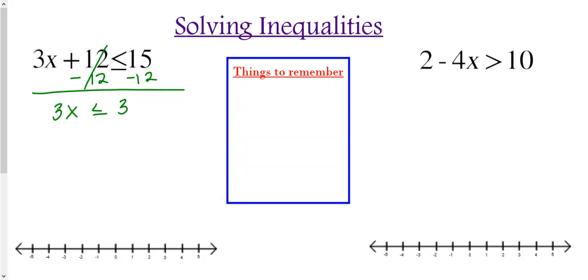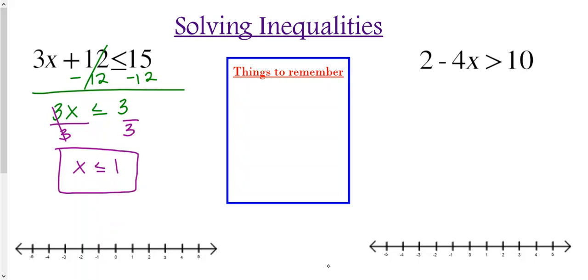Then I'm going to divide each side by 3. And that leaves me with x is less than or equal to 1. I'm going to hold off on graphing for a minute. So just right now we're solving.